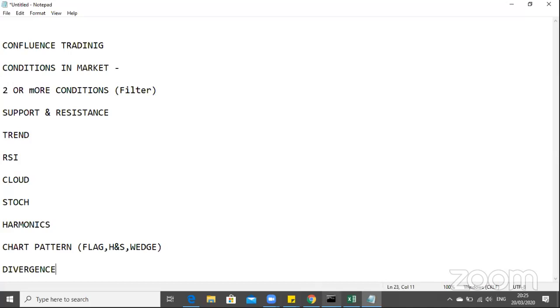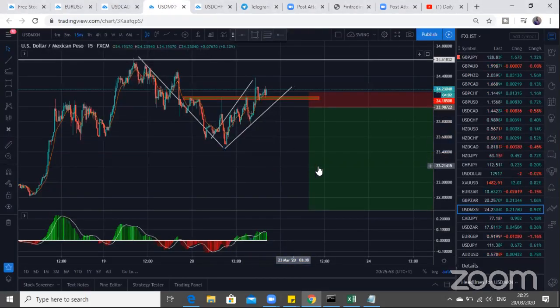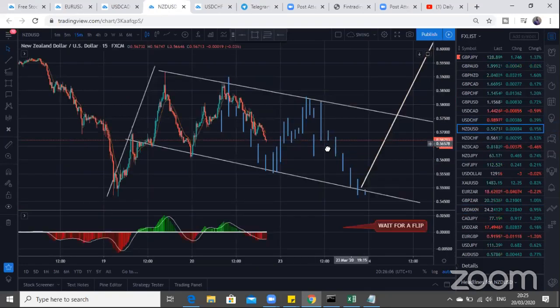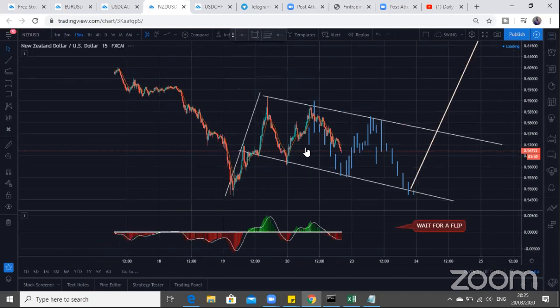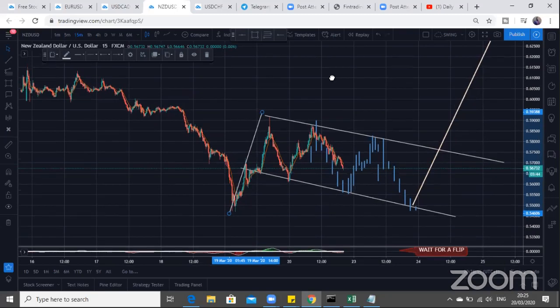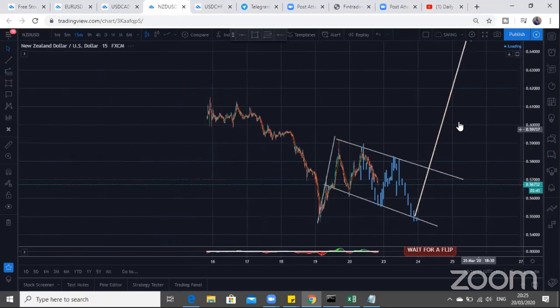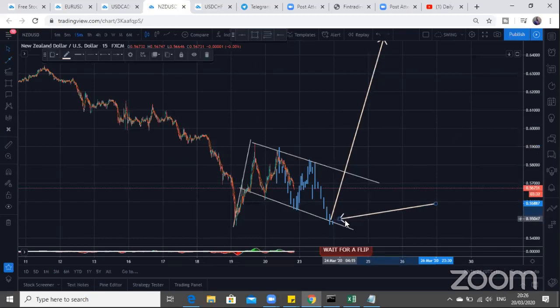Let's go to a quick instance. Now, this is a trade that is setting up for me next week. No matter how I want to trade this trade, I want to make sure the market comes to this place for a buy or comes to this place for a sell.